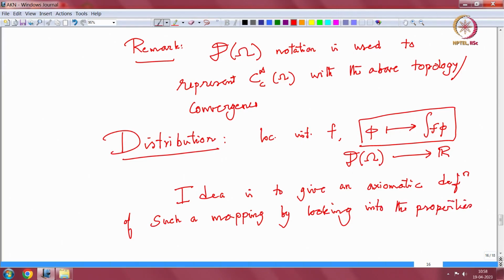So, what are the properties? We are looking into two typical properties. One, linearity: such an association is linear. The second, the fundamental property: we are sanitizing that association by imposing some continuity. Since D of omega is already endowed with the topology, we want this association to be continuous.